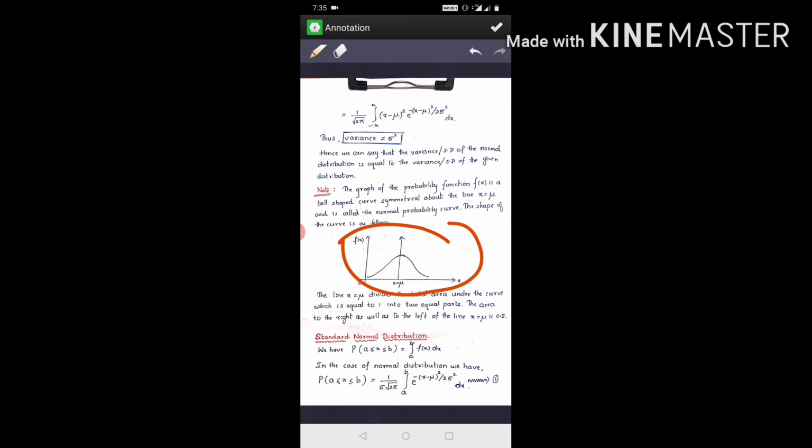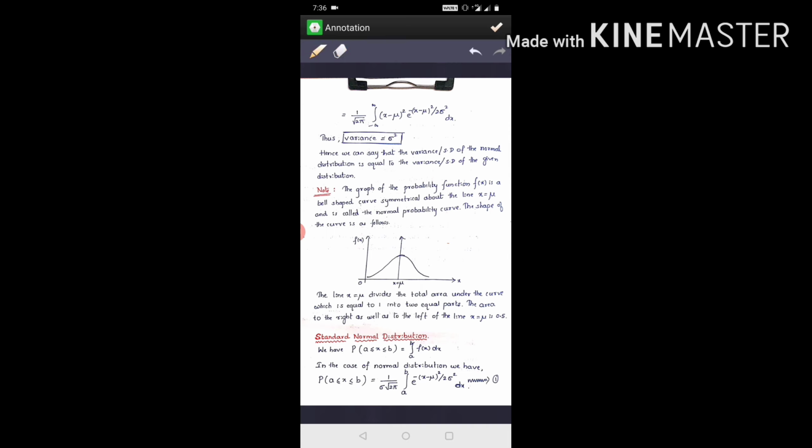Just see here, it is a curve symmetrical about the line x is equal to mu and is called the normal probability curve. The shape of the curve is as follows. Here this is x is equal to mu. It divides the total area under the curve, which is equal to 1.